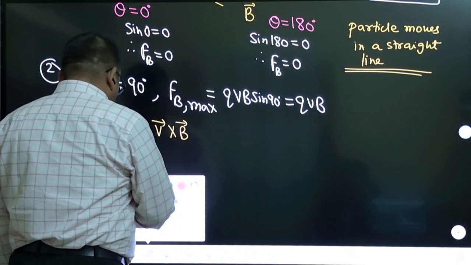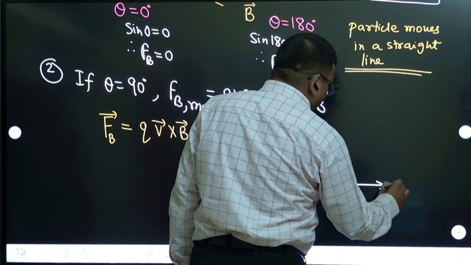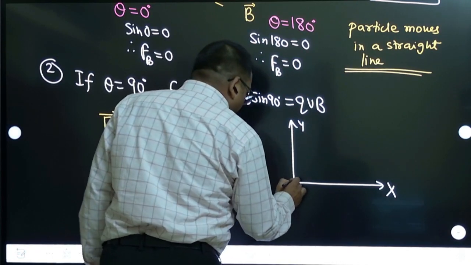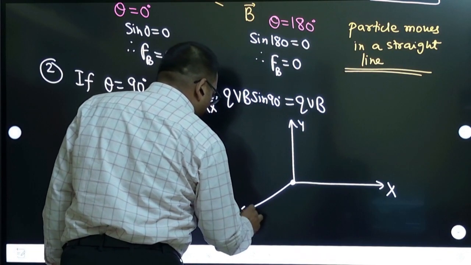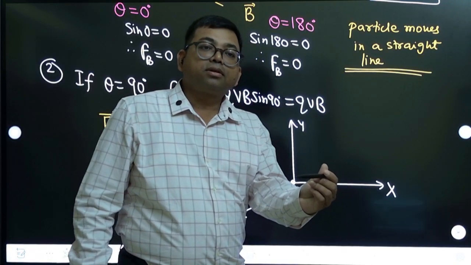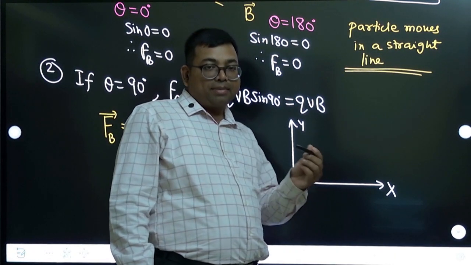First of all, direction. Suppose I take this as the x-axis and this as the y-axis. Then the z-axis means it is coming out. But we cannot represent that in 2D because it's three-dimensional.